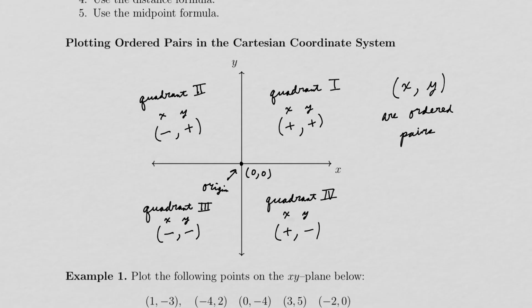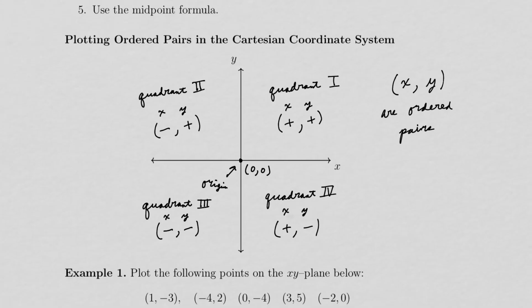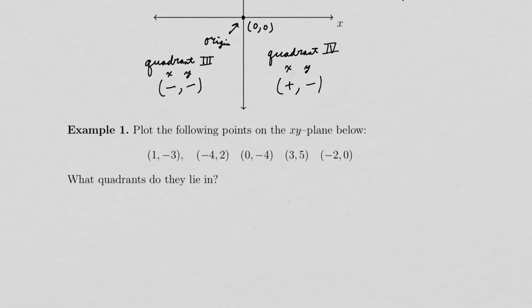Let's practice plotting a few points on an XY plane, or a Cartesian coordinate system. I'm going to plot these points: 1, -3; -4, 2; 0, -4; 3, 5; and -2, 0. And then I also want to determine what quadrants they lie in. I have the graph on the next page.